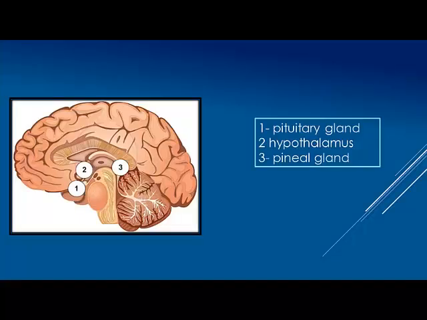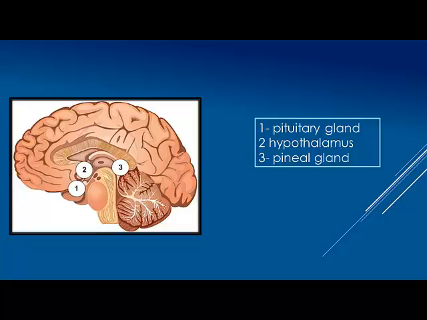We already talked about the three important, very special, very spiritual glands that are situated in the middle of the brain. They are the pituitary gland, the hypothalamus, and the pineal gland. They are situated right in the middle of the brain, and they secrete some very powerful neurotransmitters such as DMT, oxytocin, endorphin, melatonin, and serotonin, involved in the circadian cycle.